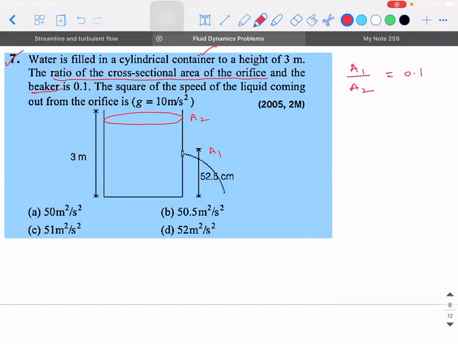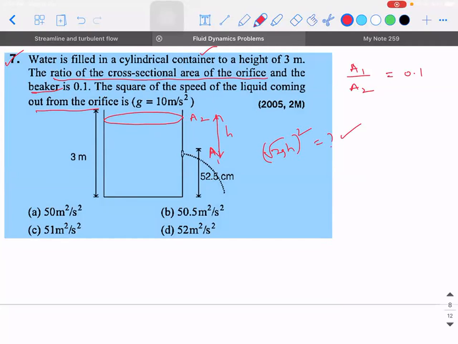Here, they ask the square of the speed of the liquid coming out of the orifice. Can I use the formula root 2gh and square it and say that is the answer? See, when we see an orifice, the speed of the efflux is root 2gh, right? So they're asking the square of it. So root 2gh, the whole square, is equal to question mark. So that's the answer, right?